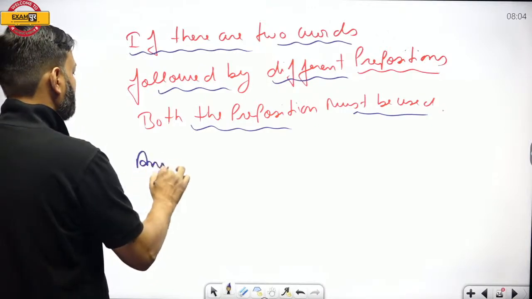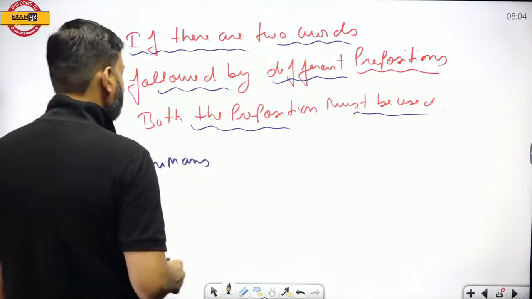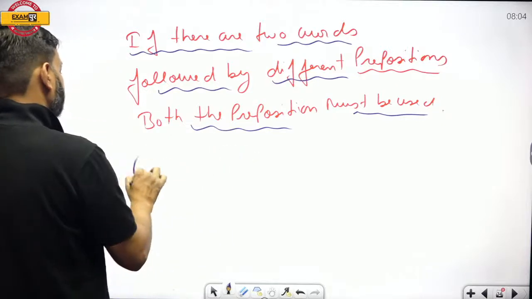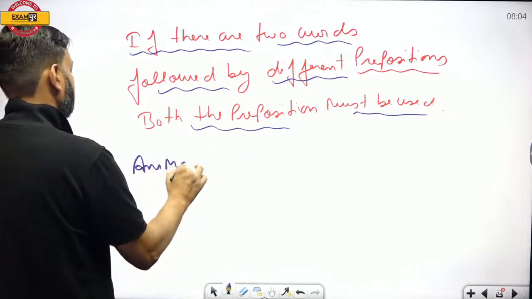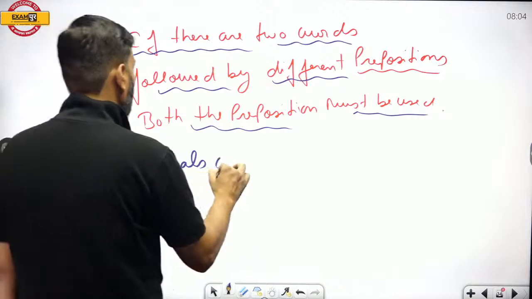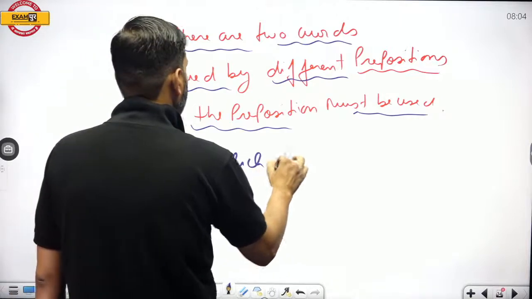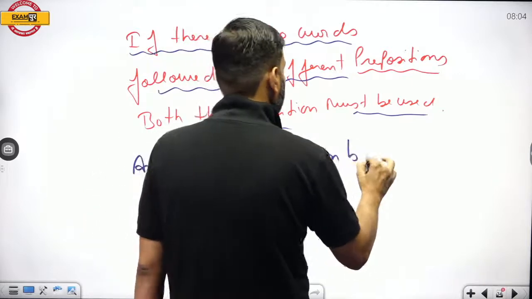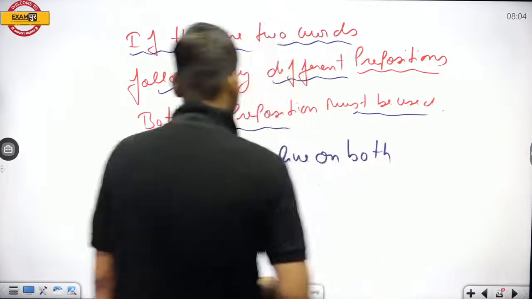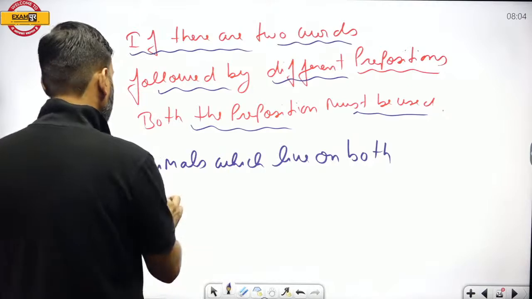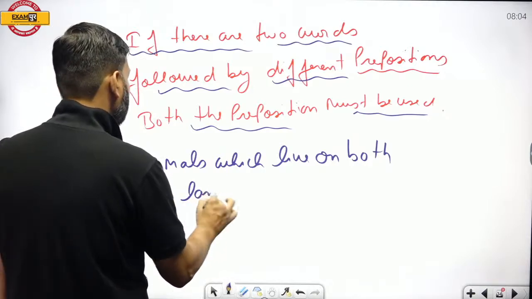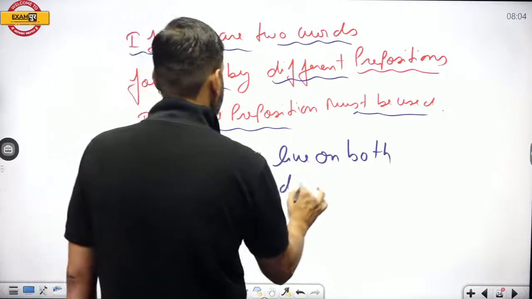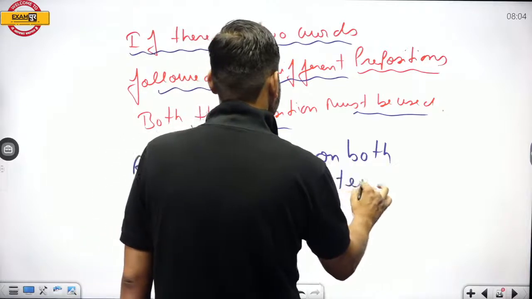Animals which live on both on land and water.